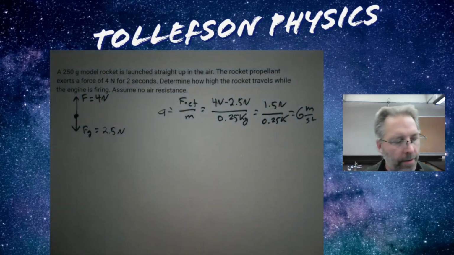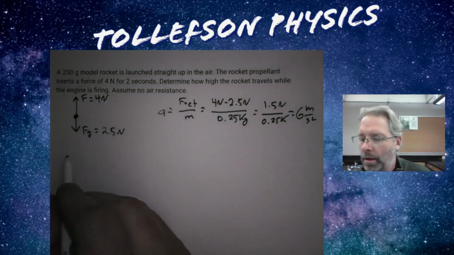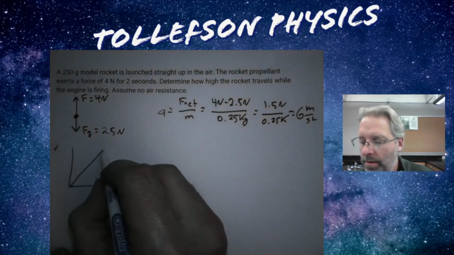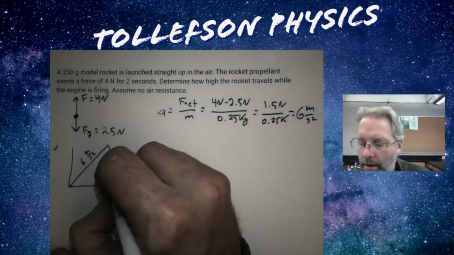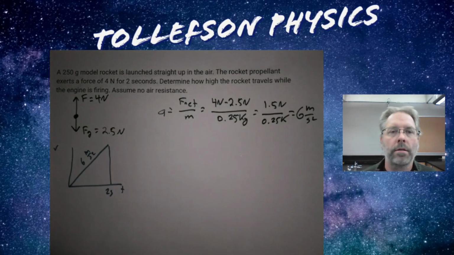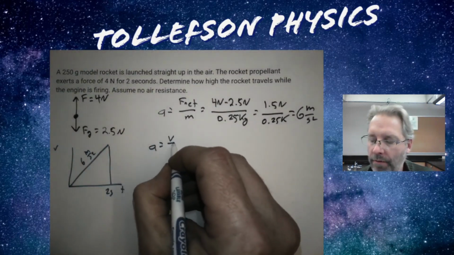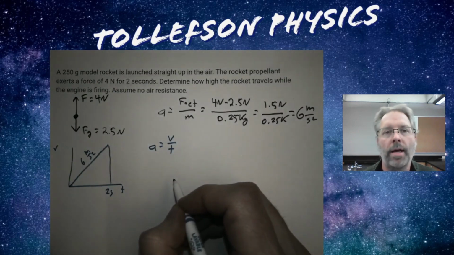So we want to know how high the rocket goes. This is where the velocity time graph comes into play, because we want to know the area. So let's draw the velocity time graph over here. We're starting at rest and we're speeding up. We know the slope of the line is 6 meters per second squared. And what else? We know that it takes 2 seconds. So once again, I'm going to start with the idea that the slope is the acceleration, which is the change in velocity divided by change in time.